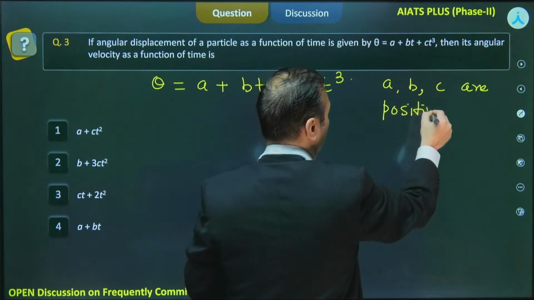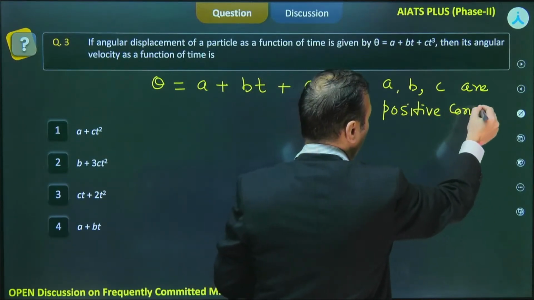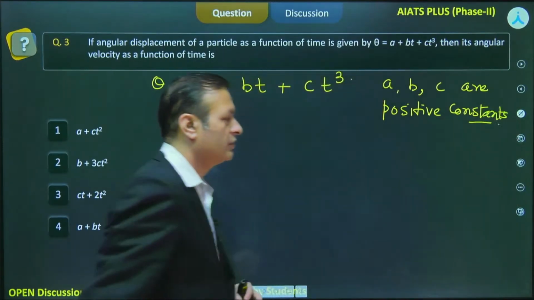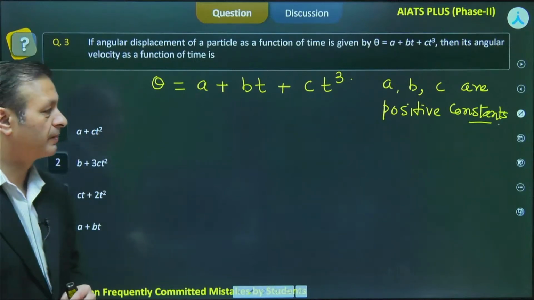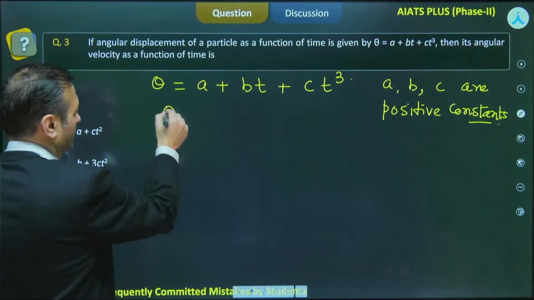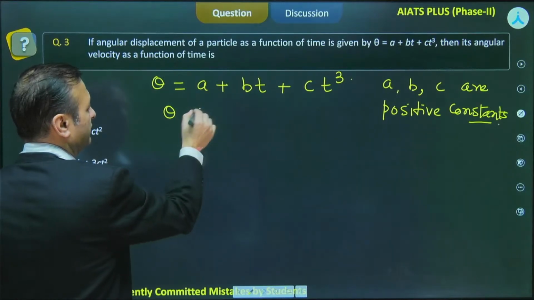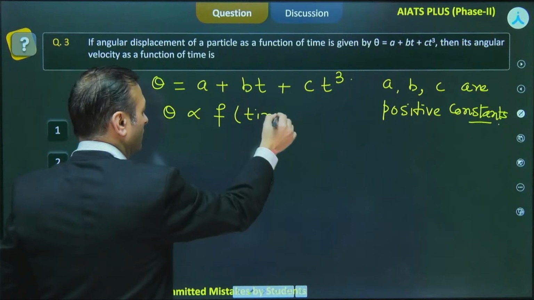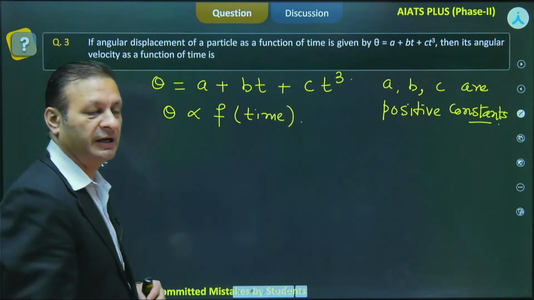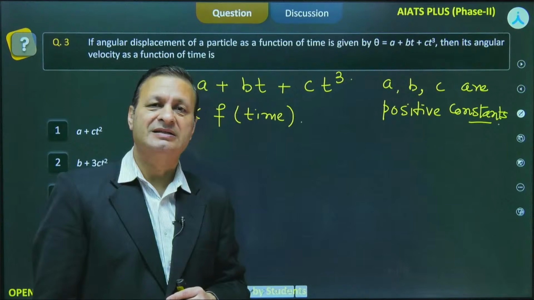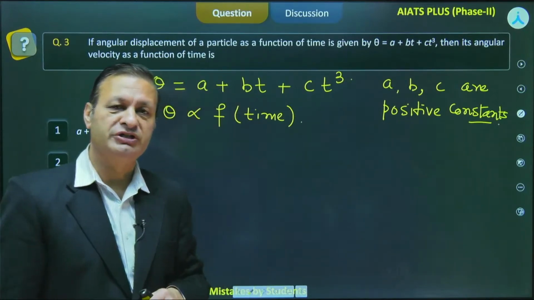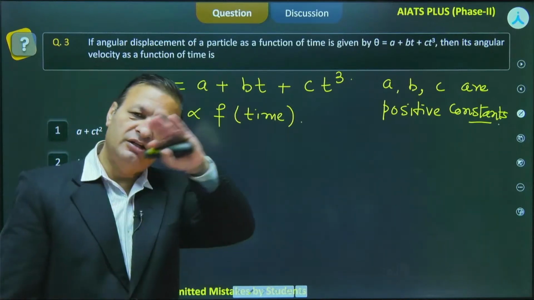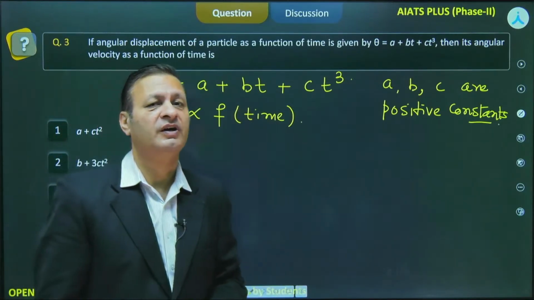So this is the question where a, b, c are assumed to be, let's say, positive constants. This is the given information, and as we can see, this angular displacement is a function of time. It means your particle's angular position is changing with respect to time. So this is basically again the concept of more or less a circular motion.